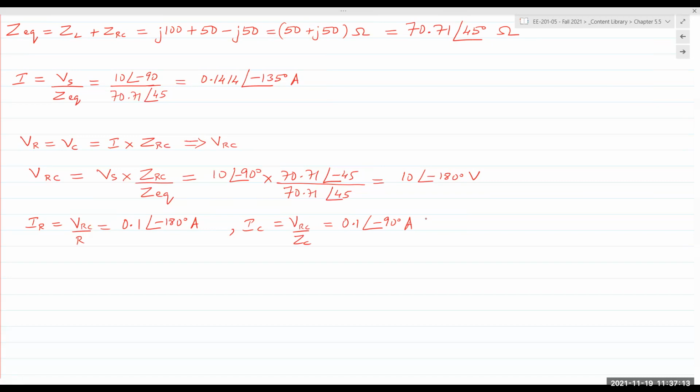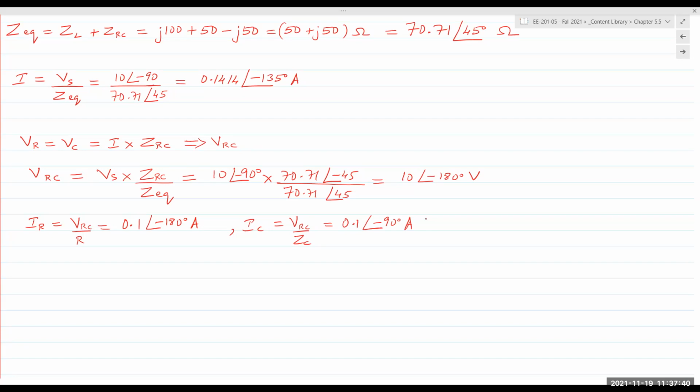We already have the voltage, right? If we have the voltage, I can simply apply the equation V square over R or V square over XC to find the power for the resistor and the capacitor. We do not need to find the current. I'm just finding it to show you that we can use multiple equations to solve the same problem.